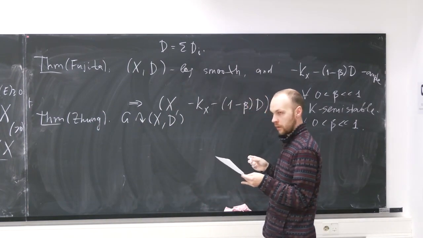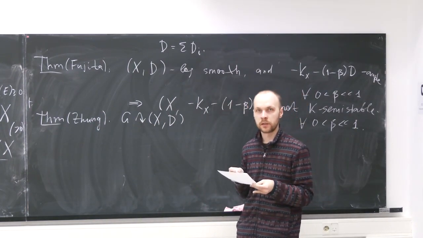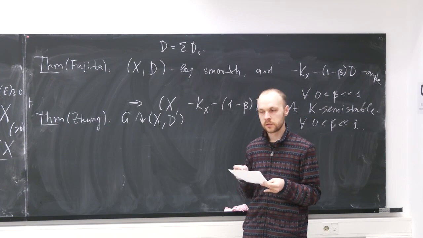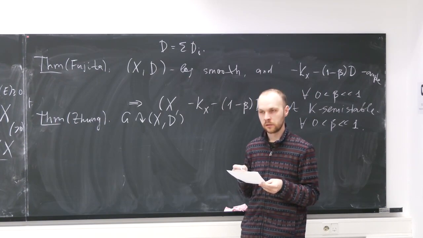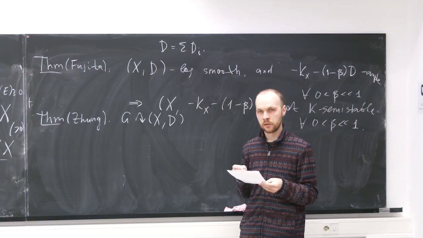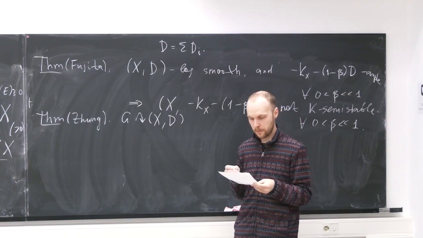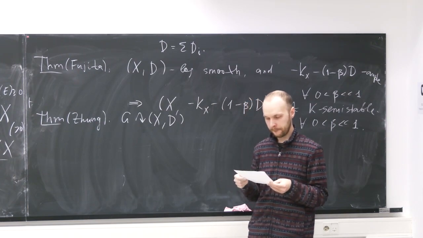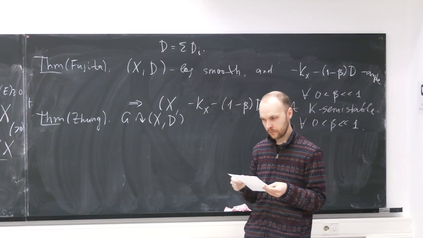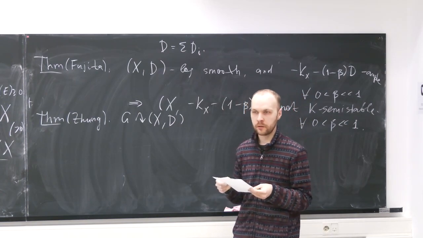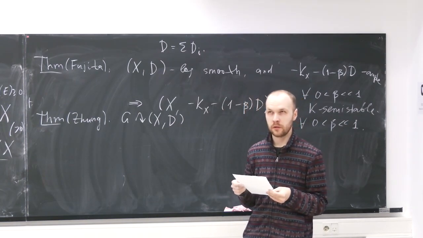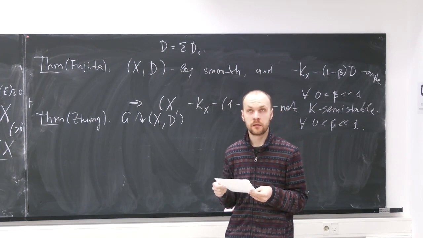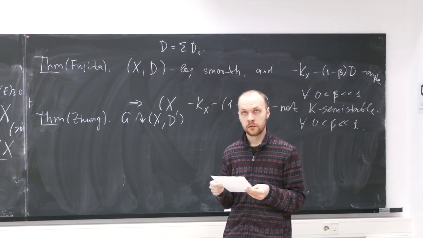Sorry. Can I ask a question? Yes, sure. In this theorem, maybe I'm wrong, but I think maybe you missed some condition. You condition that minus K minus (1 minus beta) D is ample, it basically means it's asymptotically log Fano. Yes, you're right, so this is a particular case. I think for Fujita's theorem, you need to assume that minus K minus D is big.